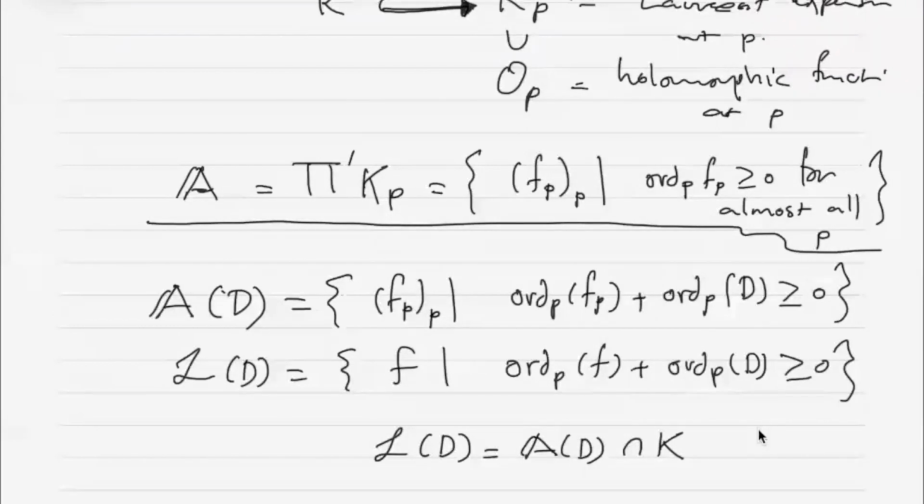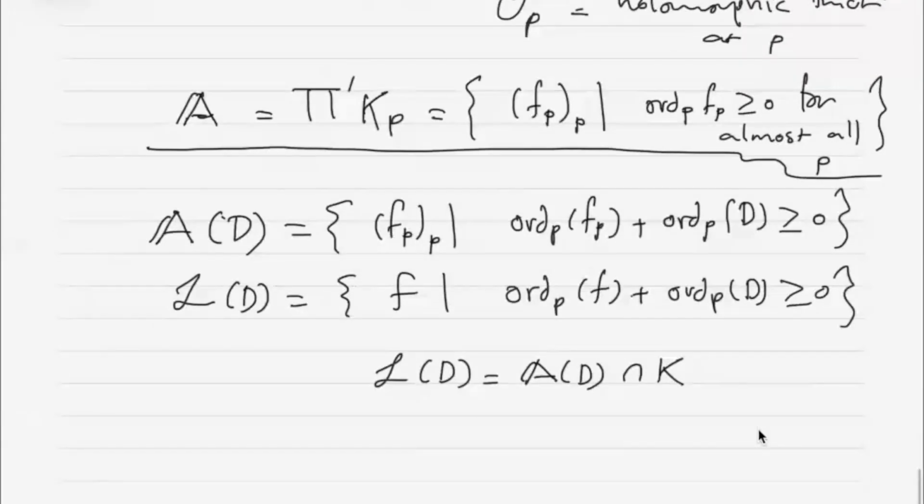Now you might ask, okay, what is K? Because A is the product of KPs, and do we have a copy of K in there? The answer is yes. You have a copy of K inside the Adels, and this is the one that you just diagonally embed K inside Adels, because any meromorphic function that you have on the entire space X will give you local components.